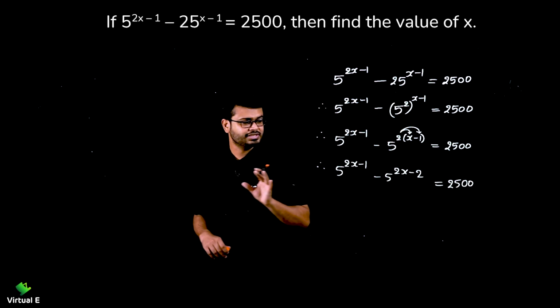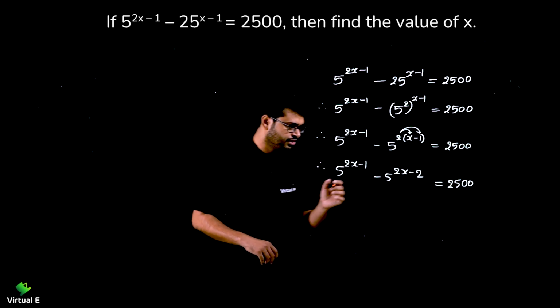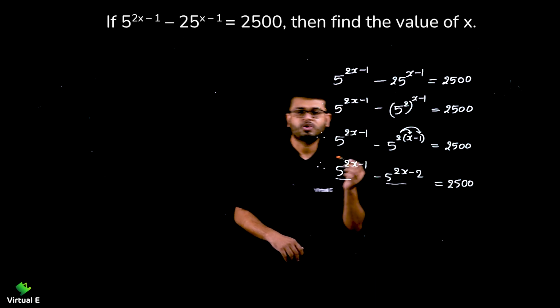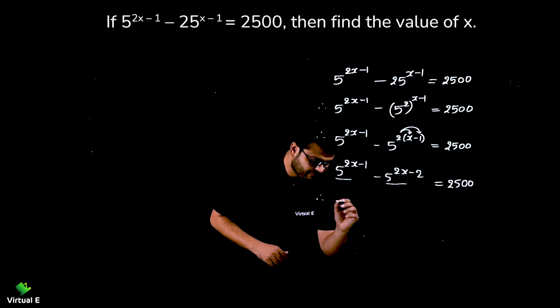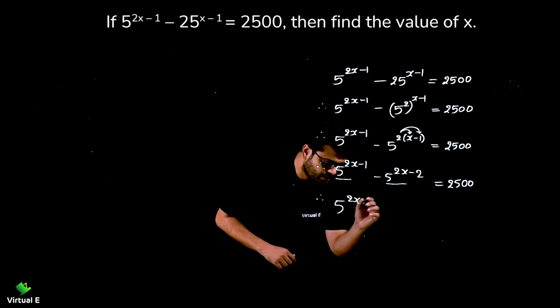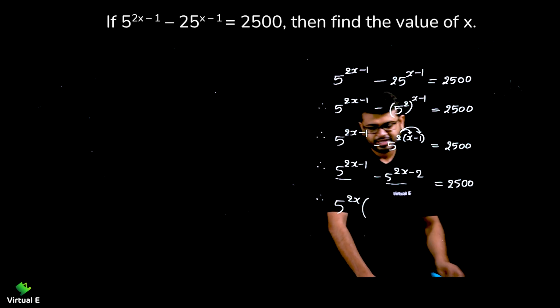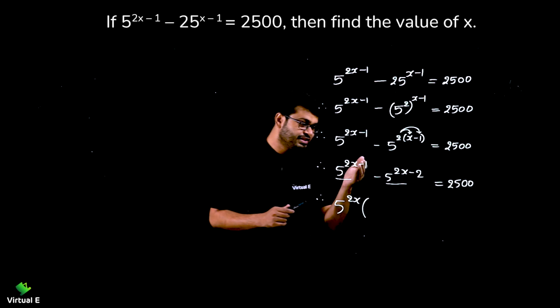Till this, it's all okay. Now, let's solve further. See, 5 raised to 2x is common between them. So what are we going to do? We are going to take 5 raised to 2x as common. Now you must be thinking, that is very simple, we have an idea about that. But what to do with the minus 1 over here?